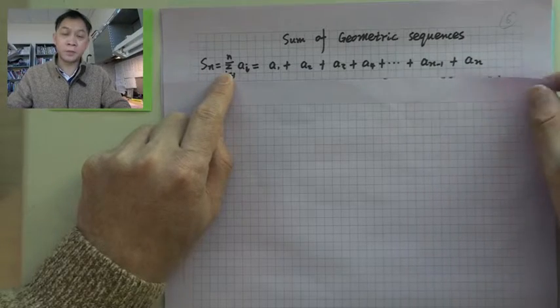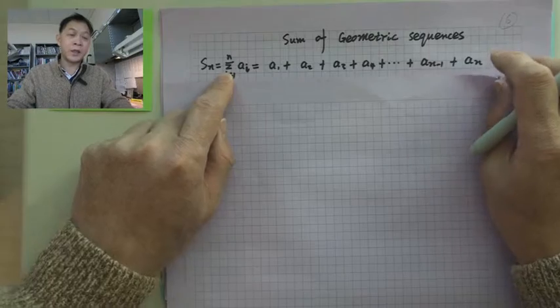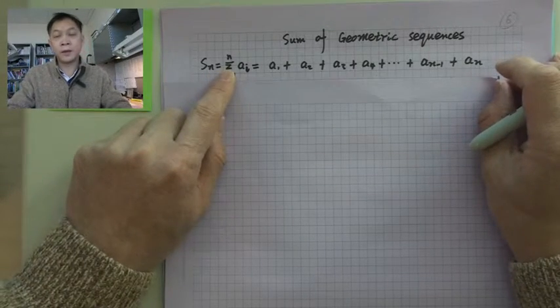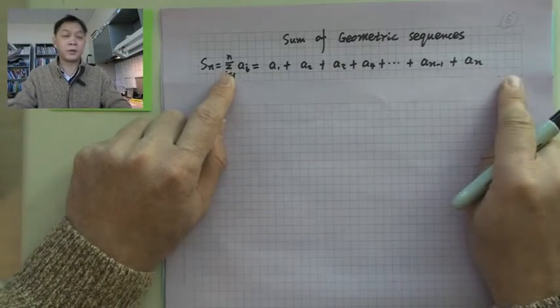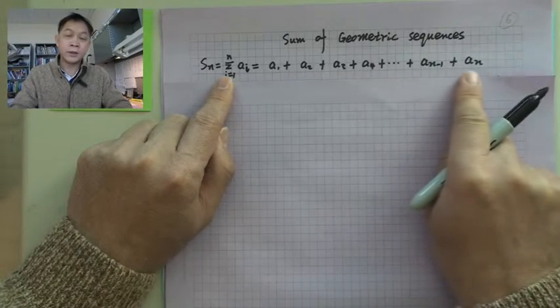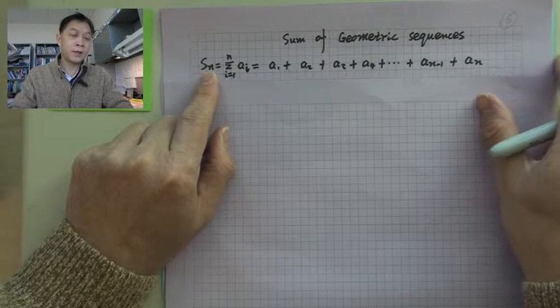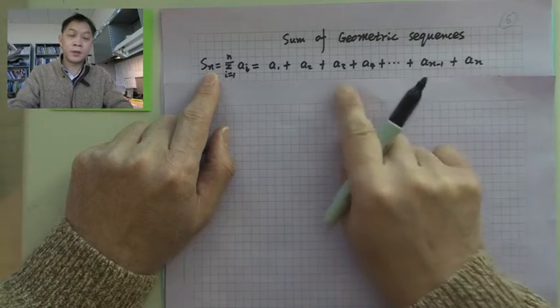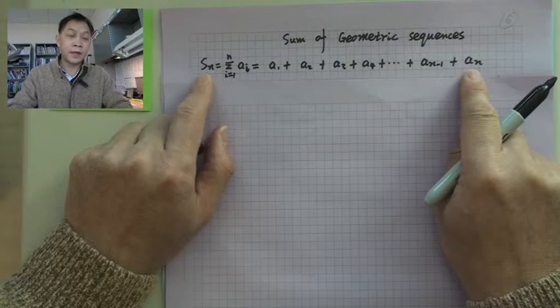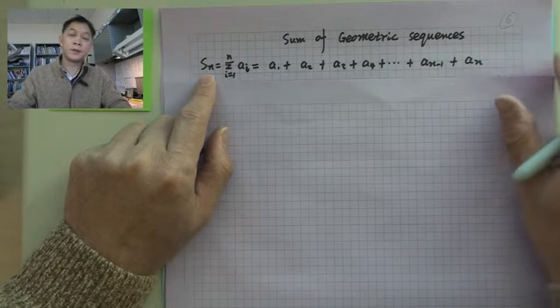Sigma means the sum. Later on, maybe in calculus, you will see pi. That means the product. Right now, sigma means the sum of all those n terms. And S sub n means the n terms added together. S means the sum.